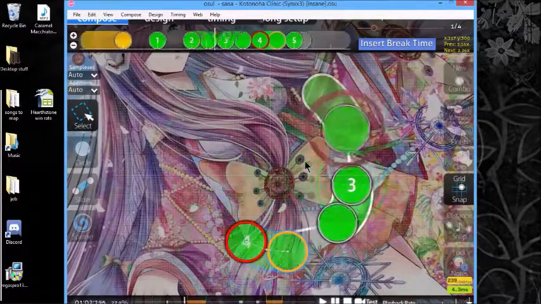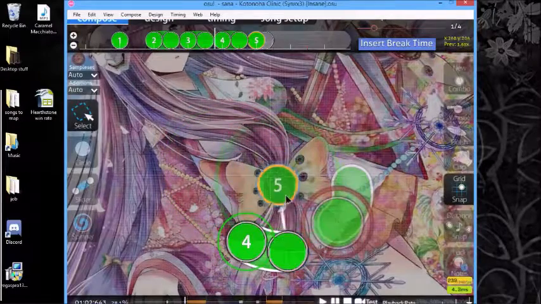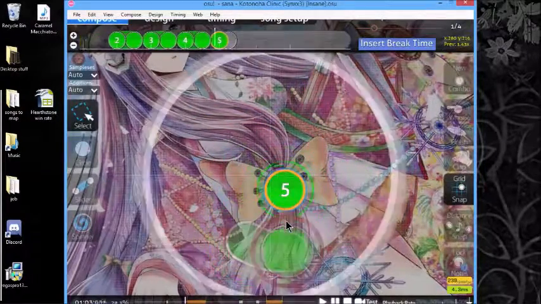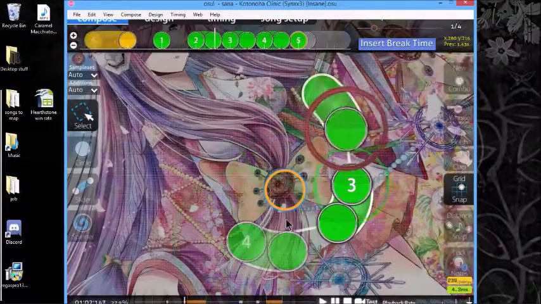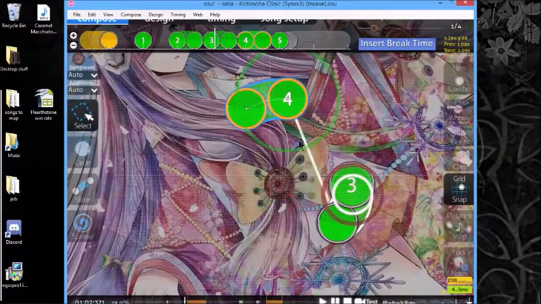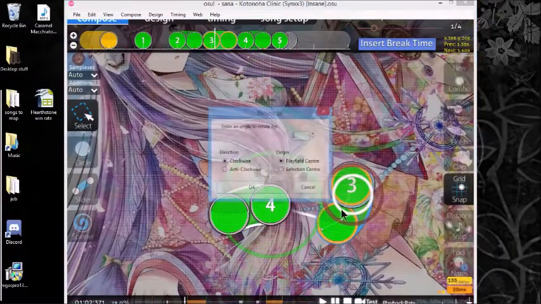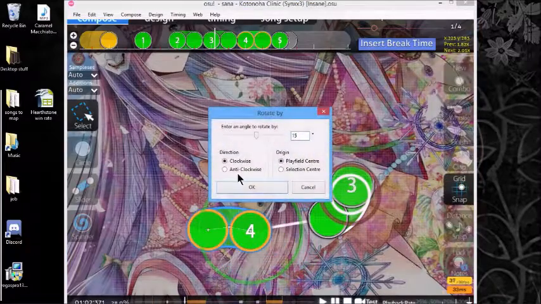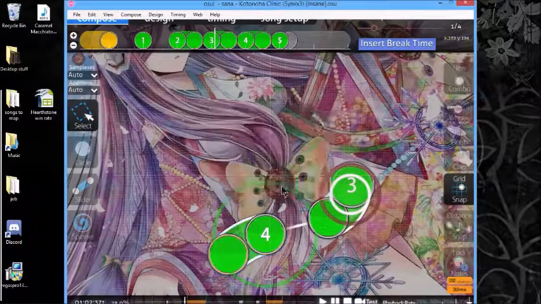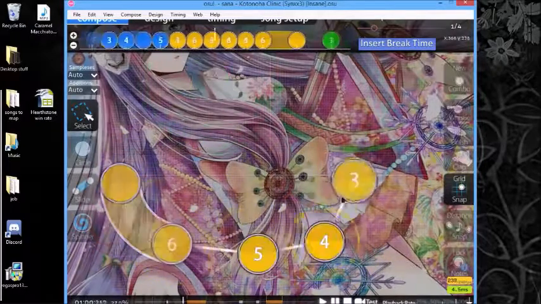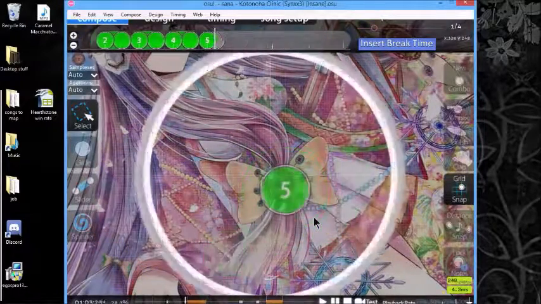Point is that there are things you could do, like this. There are different flows that you could use if you want, just to alleviate some of the circular kind of flow that you have a lot.